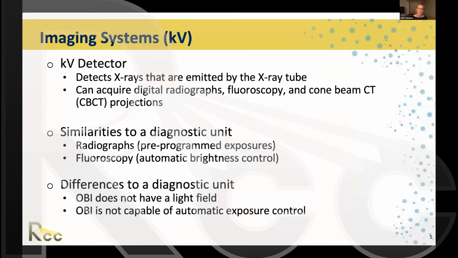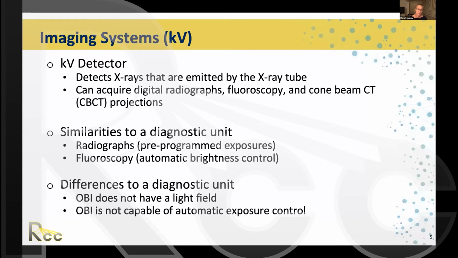And so this KV detector can acquire digital radiographs, it can do fluoroscopy, and it can also do ConeBeam CT projections. So the KV detector and the imaging system itself is similar to what you would see in a digital diagnostic unit. So you can take radiographs with pre-programmed exposures, and you can also do fluoroscopy with automatic brightness control.